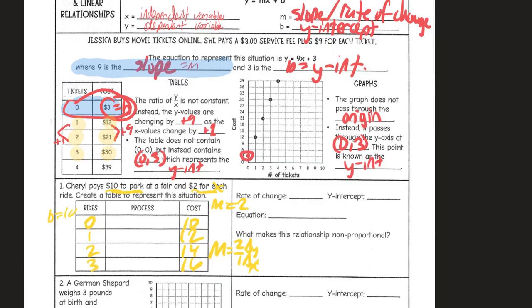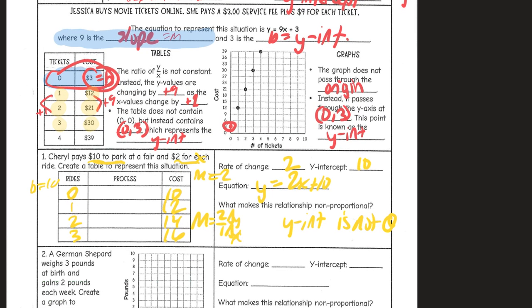So there's our table. Okay, that's a fast way to find your table, is you just use the rate of change and apply it. So the rate of change we said was 2. Y-intercept would be 10. So y equals 2x plus 10. It's non-proportional because y-intercept is not 0. Therefore, y over x is not proportional.